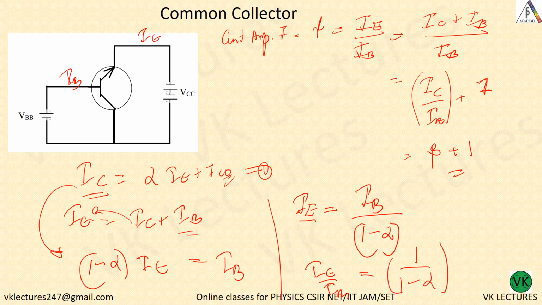Now this is in terms of alpha, this is in terms of beta. Both are the same thing. This is gamma equal to 1 plus beta. Here the gamma is equal to 1 divided by 1 minus alpha. So you can equate. But we have already seen beta plus 1 is equal to 1 divided by 1 minus alpha. Beta plus 1 is equal to 1 divided by 1 minus alpha.